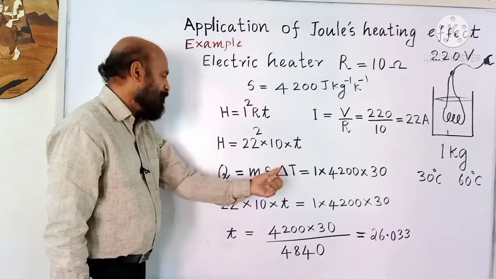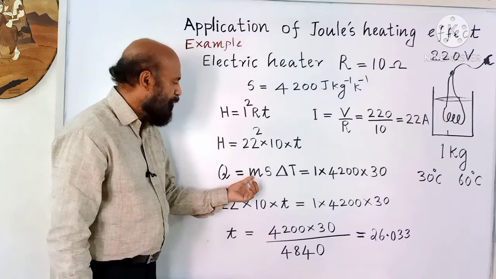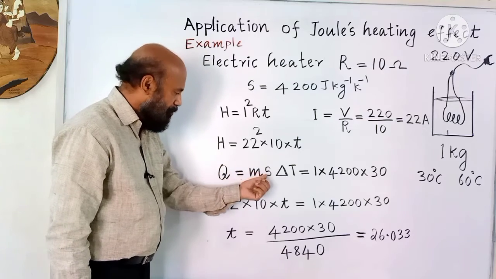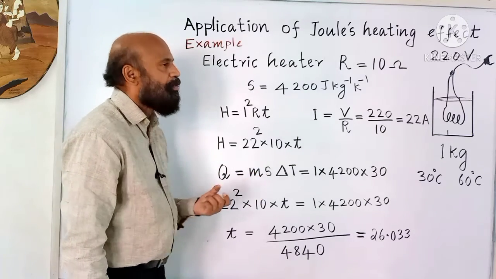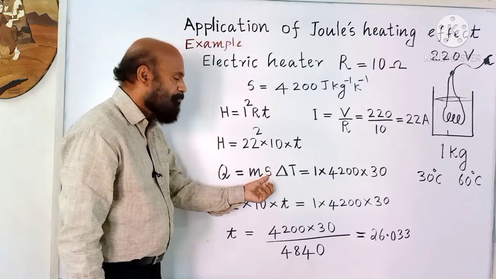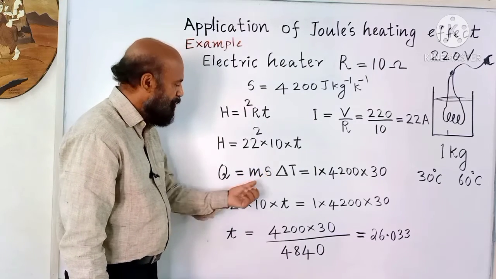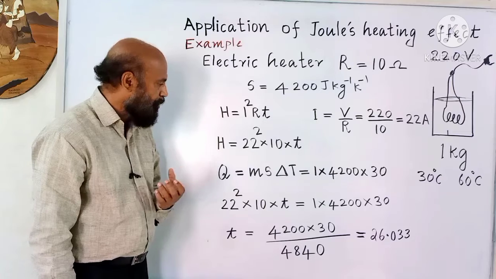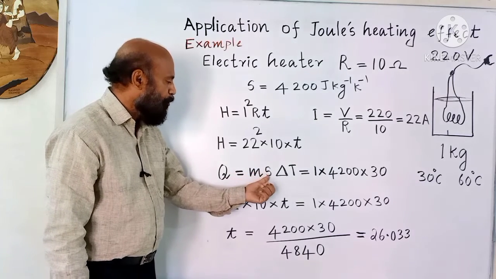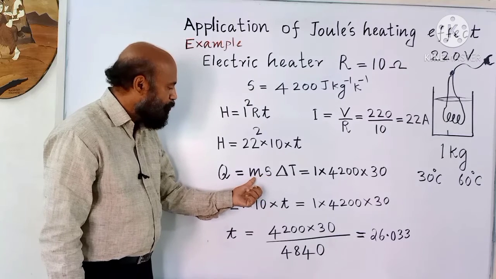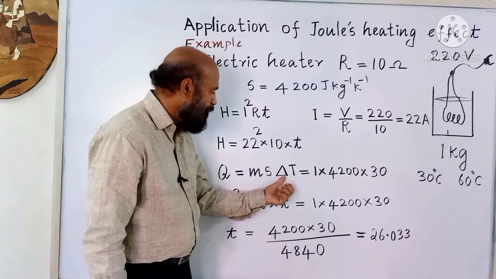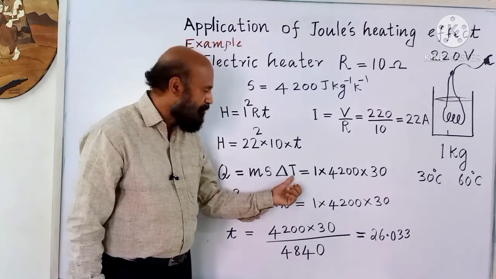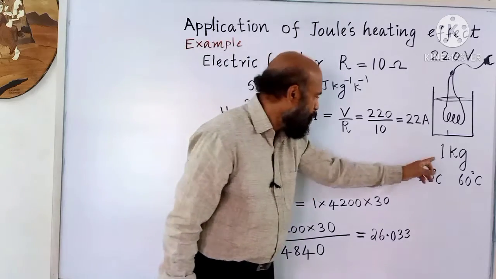This you might have studied in thermodynamics. Specific heat capacity is the amount of heat required by 1 kilogram of a body for a 1 degree Celsius increase in temperature. So for m kilogram through a temperature increase of delta T, the heat required is m s delta T. Mass is 1 kilogram.